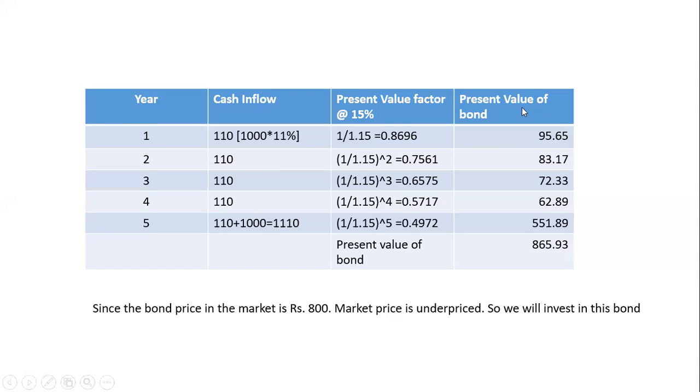Similarly, you can write it in a table and do this sum. These are the inflows, and in the fifth year you will get back the principal amount. So the first column is years, the second column is the cash inflow.